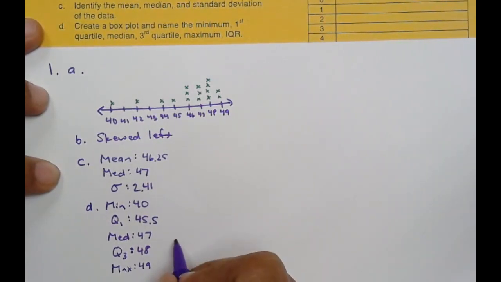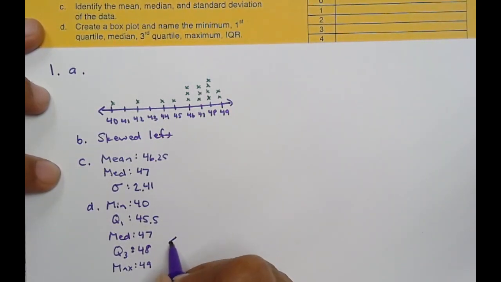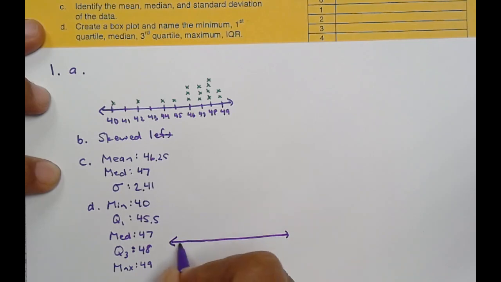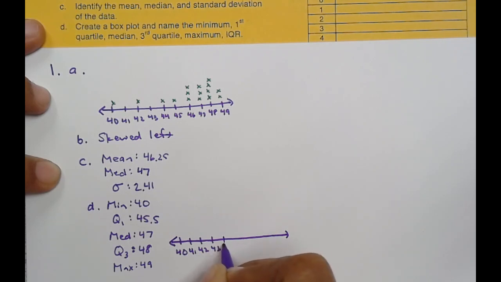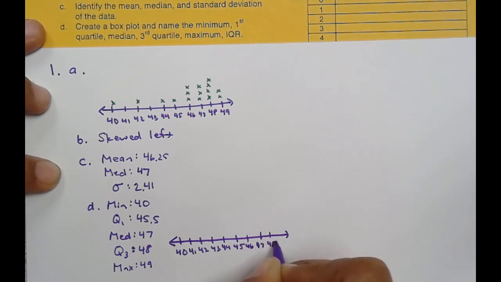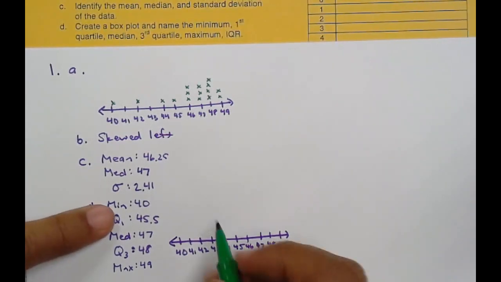So basically a box plot is going to have a number line just like we had for the line plot. We're going to go ahead and label this. And now we're going to go ahead and put a line at 40.